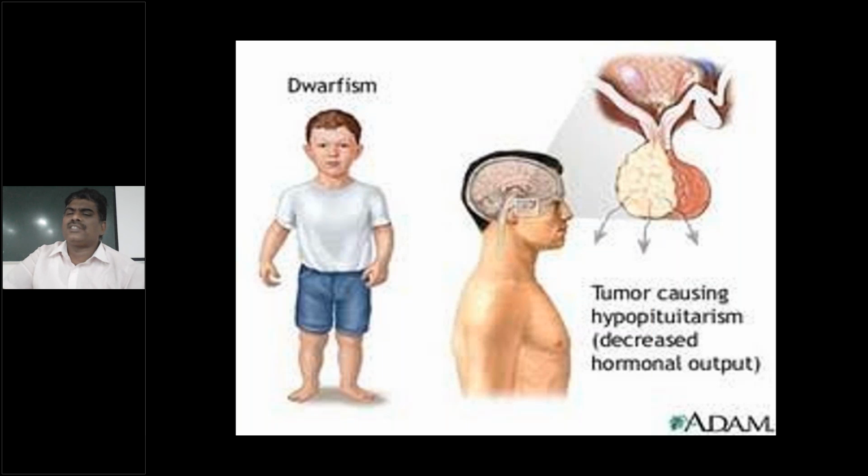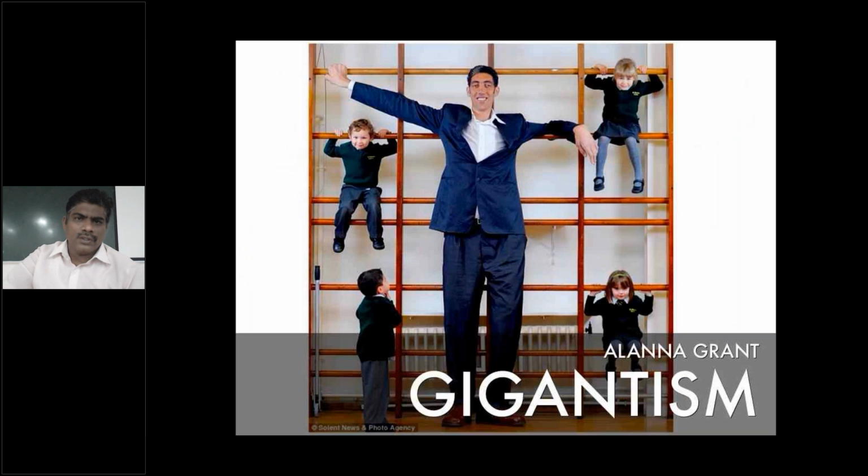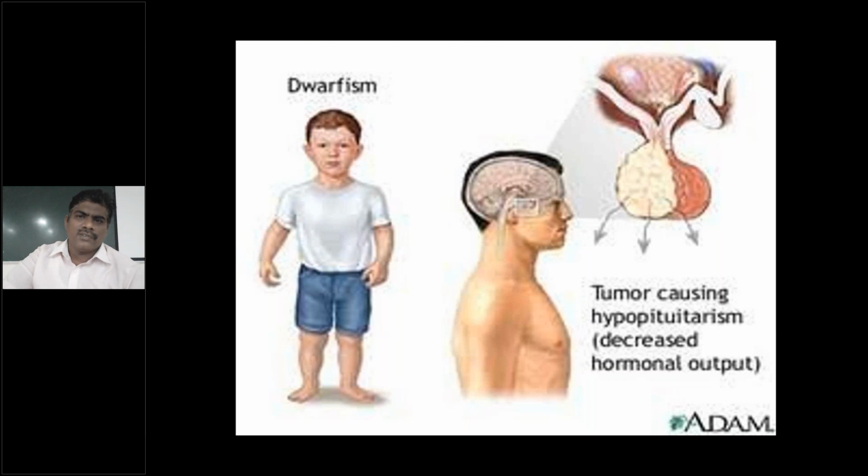The cause for this is a tumor, a tumor in the anterior pituitary gland, which leads to hypopituitarism. The tumor decreases the hormonal output, so stunted growth occurs, and that's dwarfism.